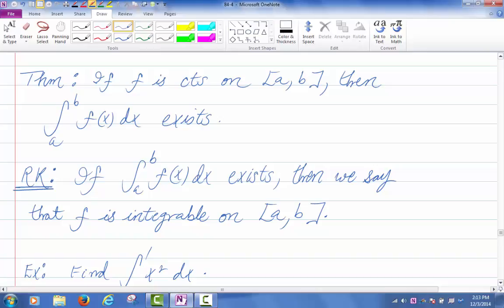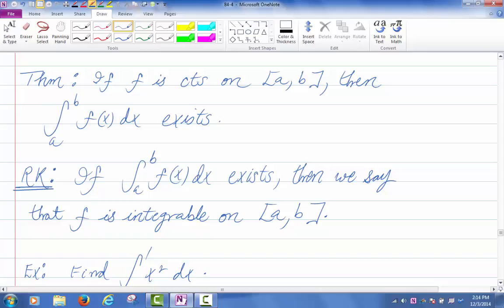And so that's my theorem here. If f is continuous over the interval from a to b, then the definite integral of f from a to b exists. A remark on terminology: when the definite integral exists, we say that f is integrable on the interval from a to b.